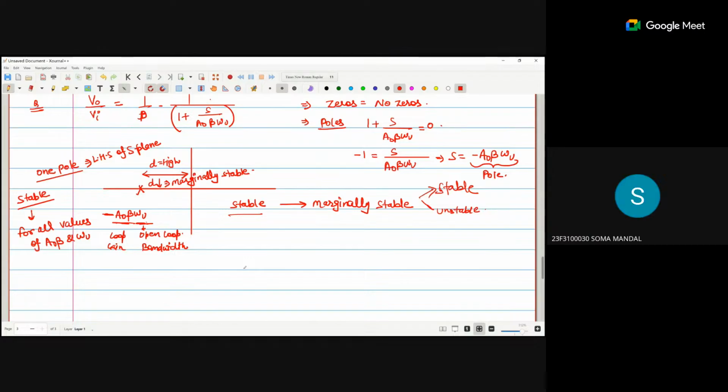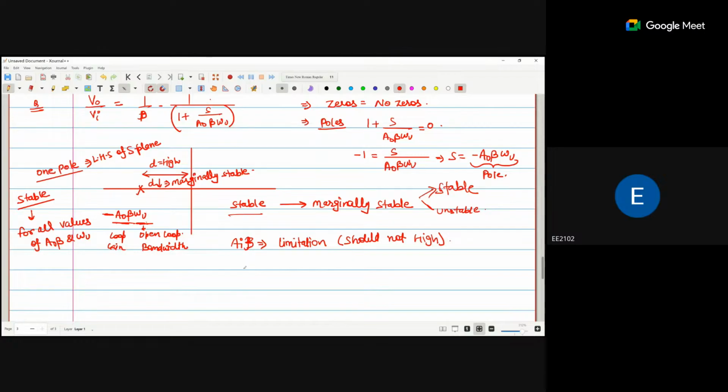Now there are two things. One is A naught beta. There is some limitation on A naught beta; it should not be high enough.